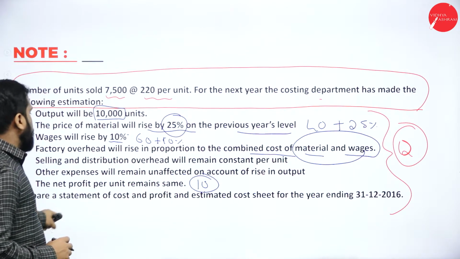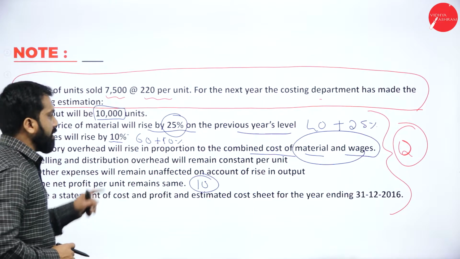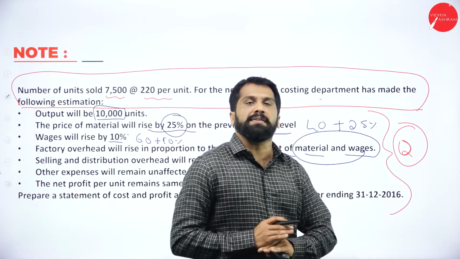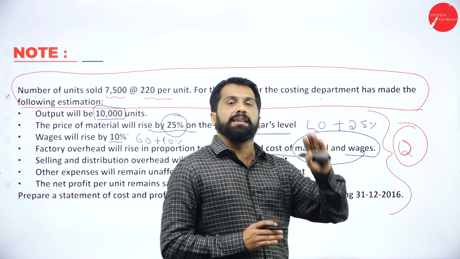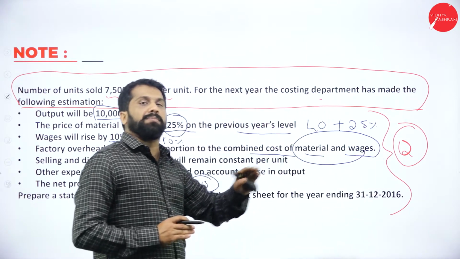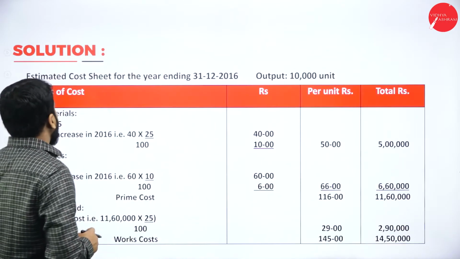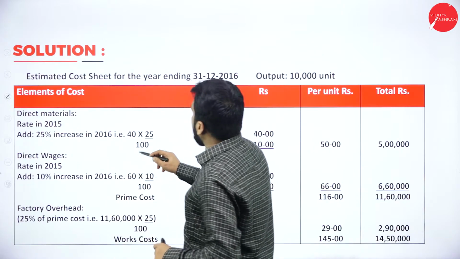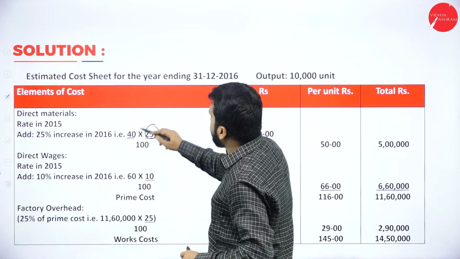Now, prepare a statement of cost as well as profit. In this, we don't have any calculation for finished goods, like how we did for the normal cost sheet. Now, see, first one, direct material rate in 2015. It was 40. We added 25%.